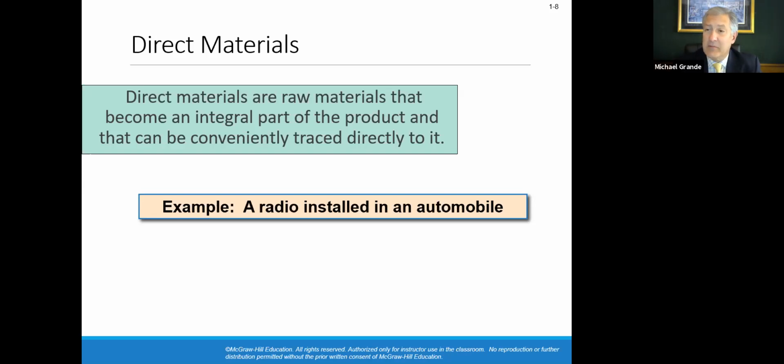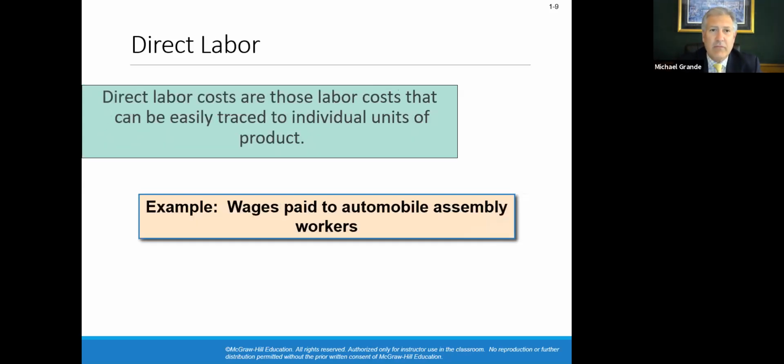In my example of the desk, I would say it's also the wood and hardware of the desk, traced directly to it. Direct labor costs are those labor costs that can be easily traced to an individual unit of product. Wages paid to the auto assembly workers.